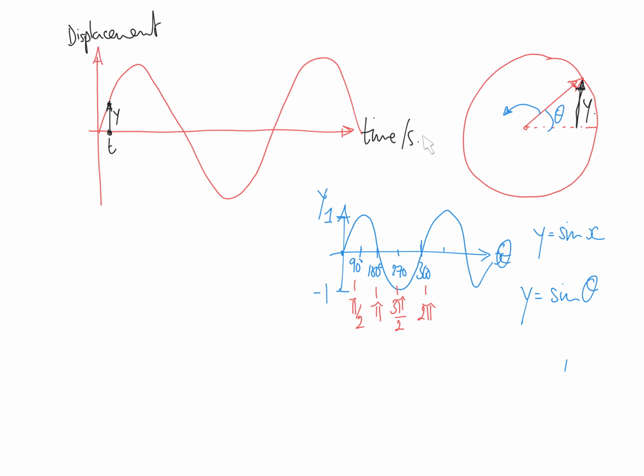However, we're using time rather than angles. So how do we liken the time to angles, and how do we join the two together? Well, let's talk about that. We know that this makes one complete rotation in a time period. We also know that it goes around 360 degrees, or 2 pi radians, in that time.